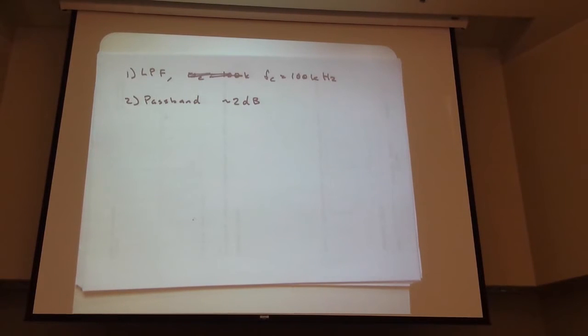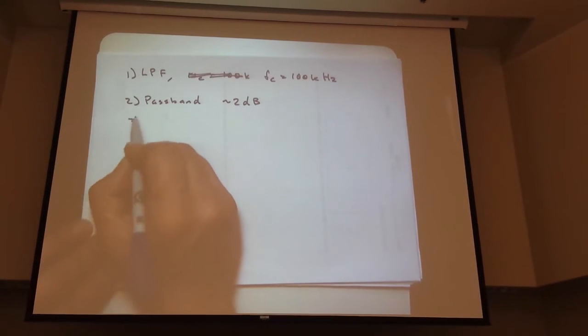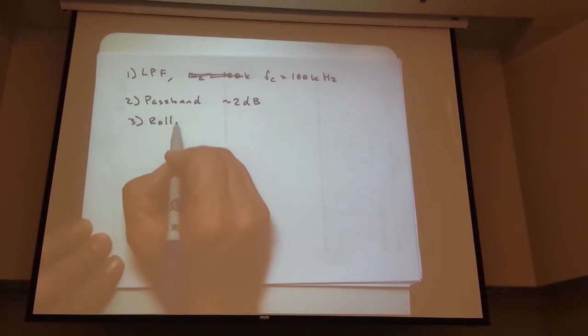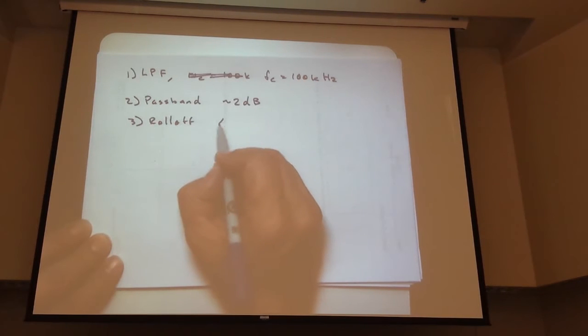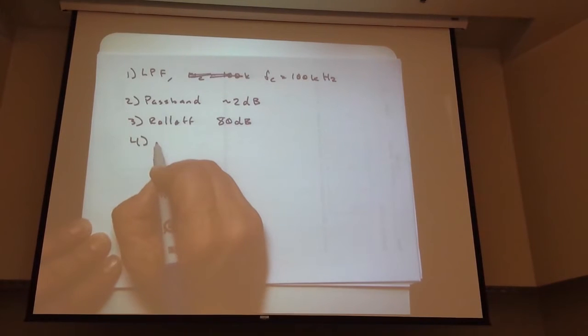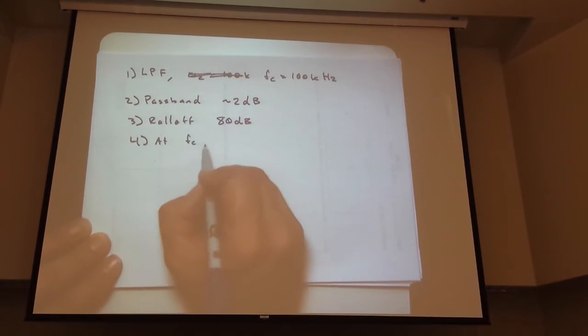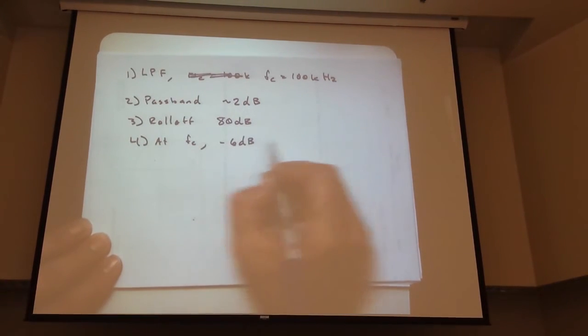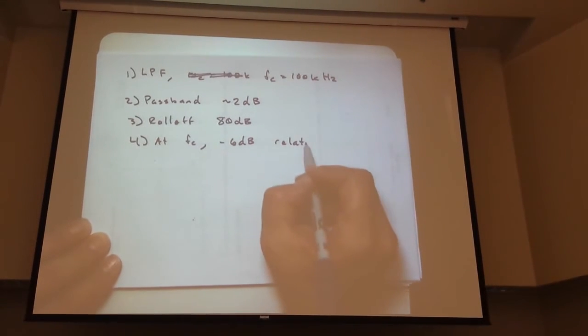I can't think of a good reason. Effectively, what are you doing? You're attenuating every signal on a pass band. It's usually not something you want to do. Usually those are the signals of interest. Again, maybe a test problem, but roll off 80 dB, and at FC a minus 6 dB point relative to the pass band.